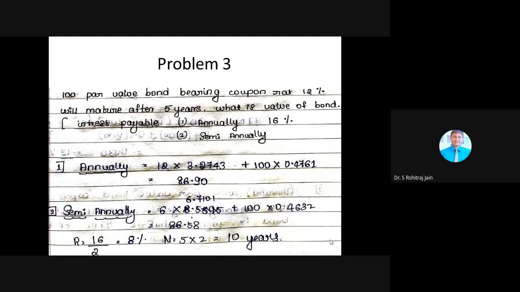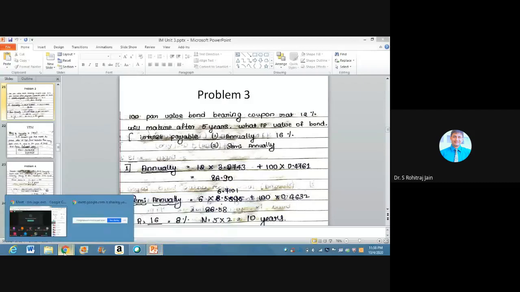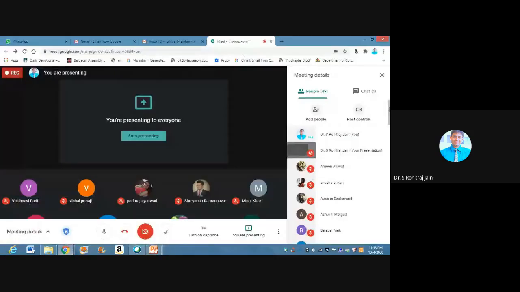I want all of you to solve this and tell me the answer. I will wait for 5 minutes. First, list the given data. Interest payable annually 16% and semi-annually 16%. Now I will ask any one of you to tell me the given data.